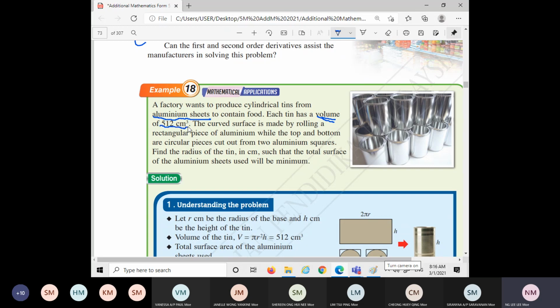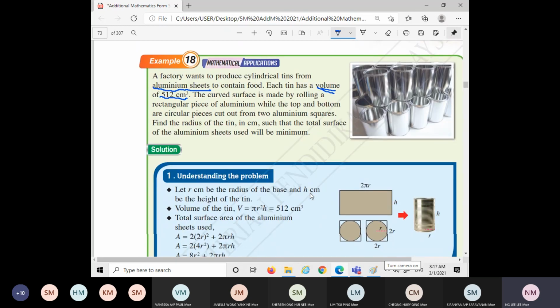The volume is fixed, 512 centimeter cube. The curved surface is made by rolling a rectangular piece of aluminium, while the top and the bottom are circular pieces cut out from two aluminium squares. Now they show you this way.